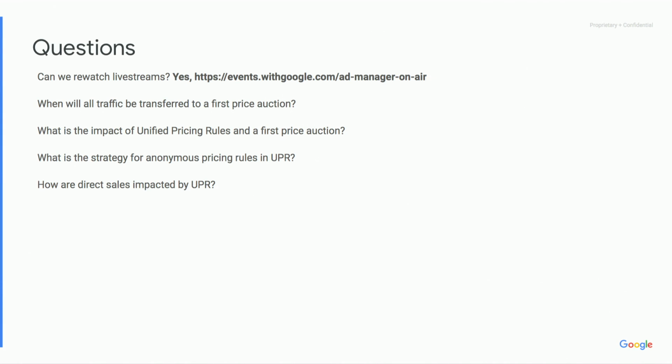Another question that we received a lot is, what is the impact of unified pricing rules and a first price auction? So the switch to unified pricing rules and a first price auction was driven by a need to create a simpler and more transparent and sustainable auction. Initially, it will require some work on your end to update pricing rules. However, in the long term, you should see time savings and an improved revenue sustainability.